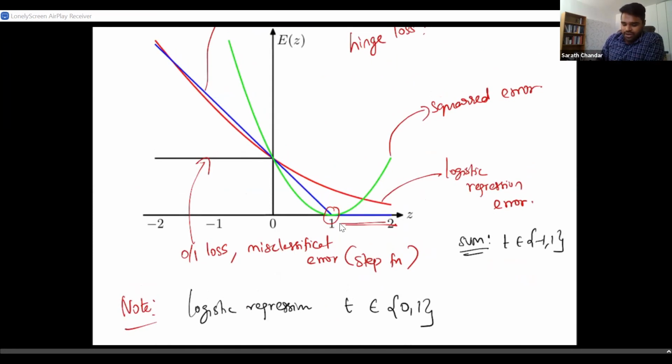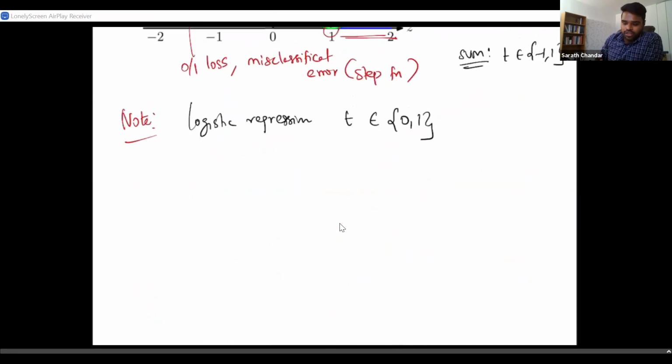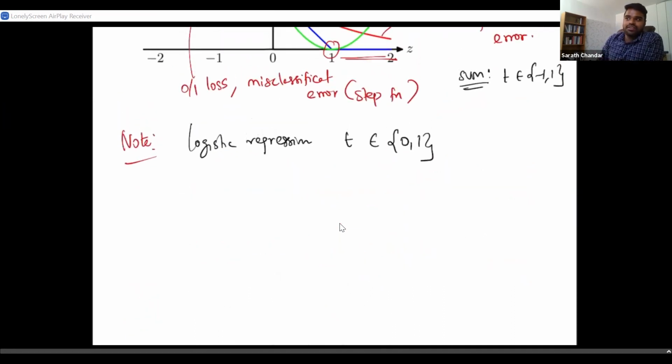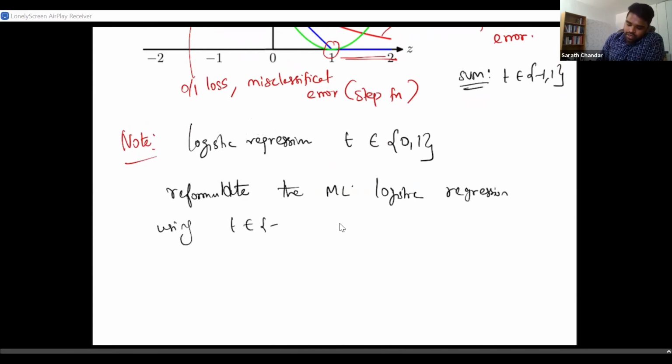So how do I compare them together? For comparison, all I have done in this graph is I first reformulated the maximum likelihood logistic regression using t belonging to -1 and 1.